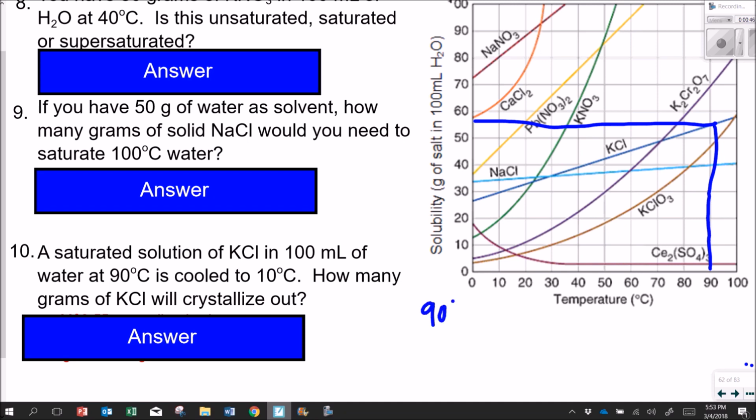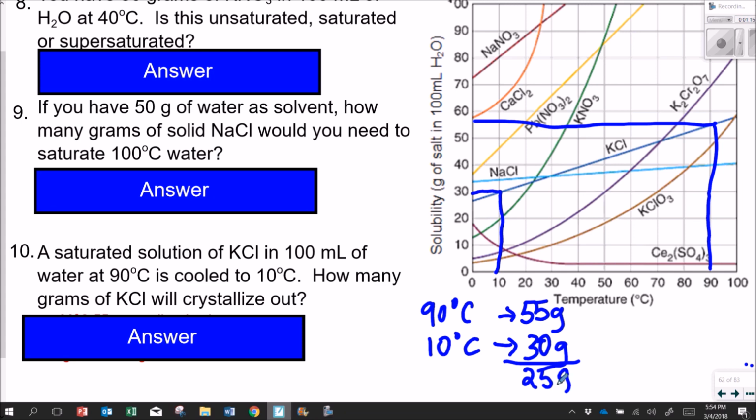So at 90 degrees Celsius, I have 55 grams. Then I go to 10 degrees Celsius, and I have 30 grams that is dissolved. So how much will crystallize out? All I have to do is subtract those two. So I get 25 grams of potassium chloride that will crystallize out.